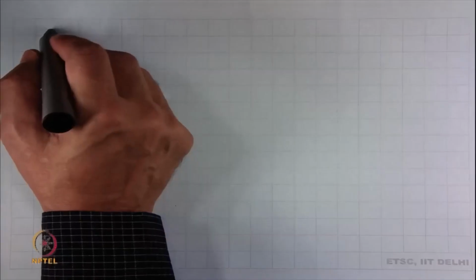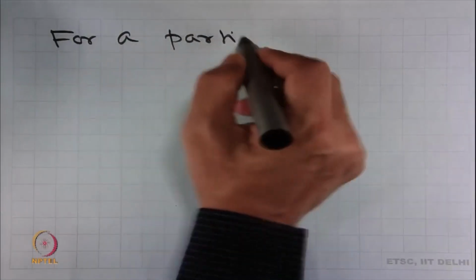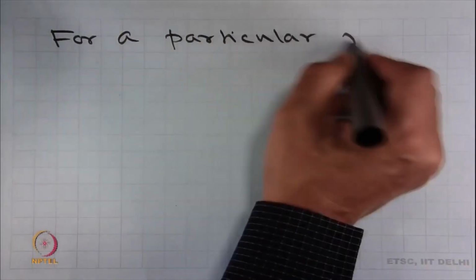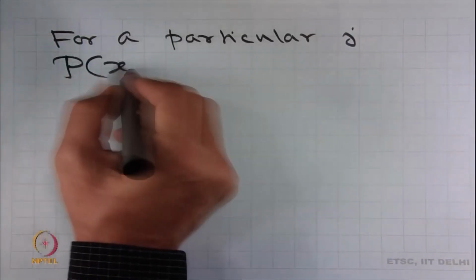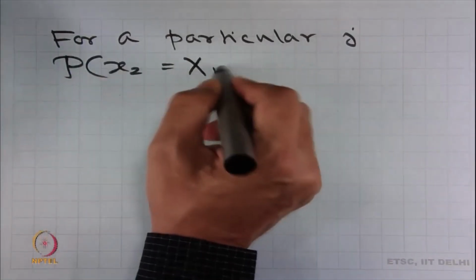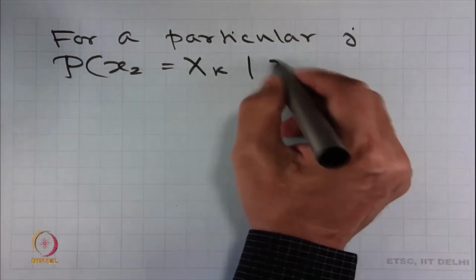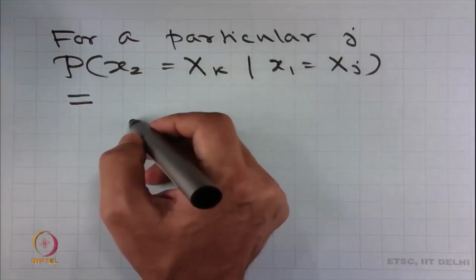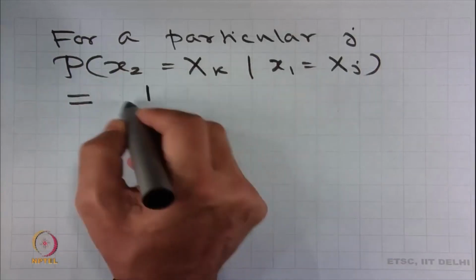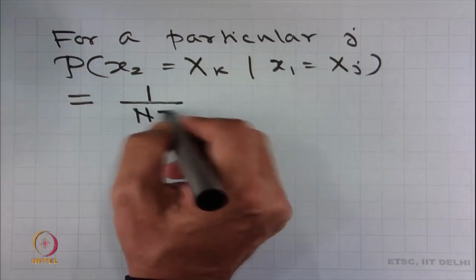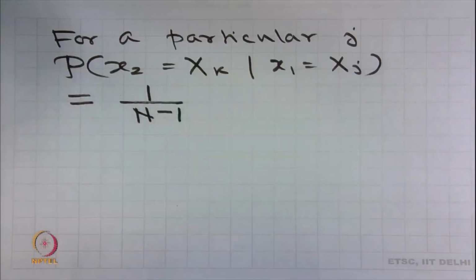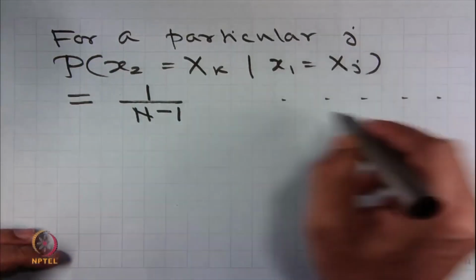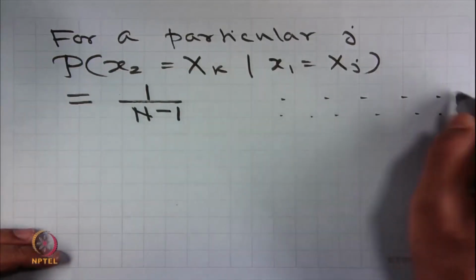For a particular j, the probability that x 2 is equal to x k given that x 1 is equal to x j is 1 upon n minus 1, because there are capital N many elements in the population.